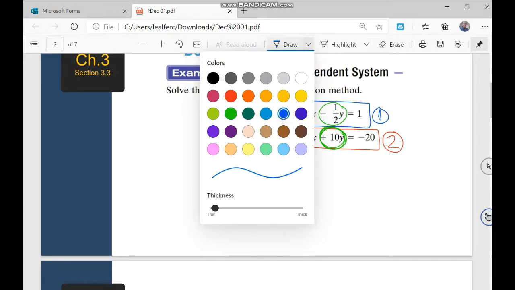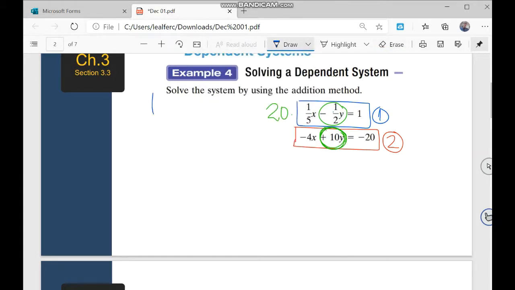Let's work it here and see what happens. Equation number 1, multiply by 20. 20 times 1 over 5 is 20 over 5, x. 20 times negative 1 over 2y is negative 20 over 2, y.